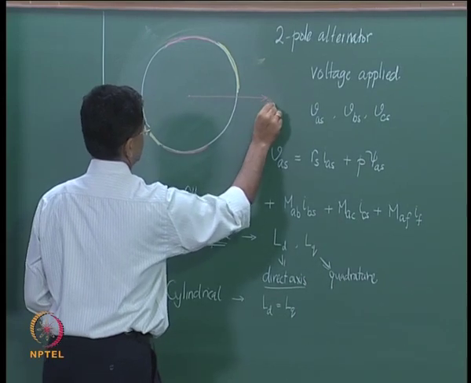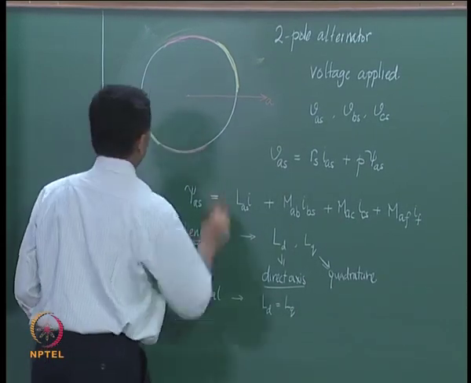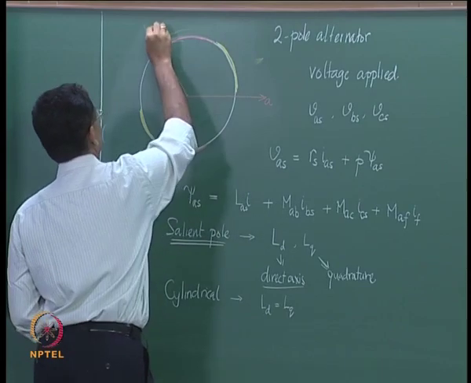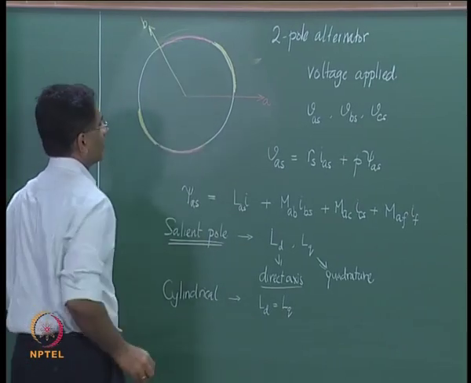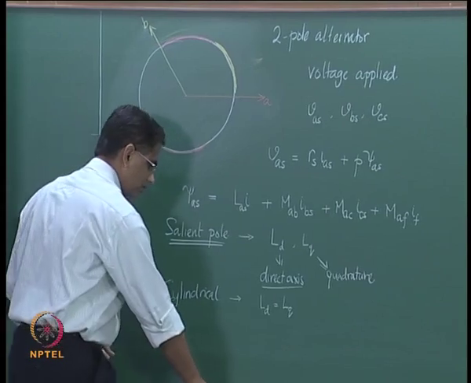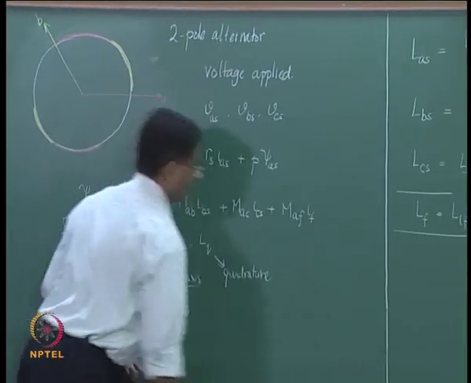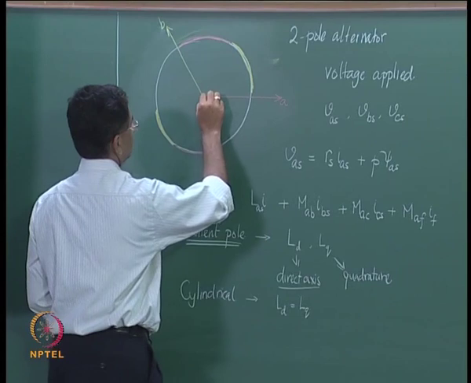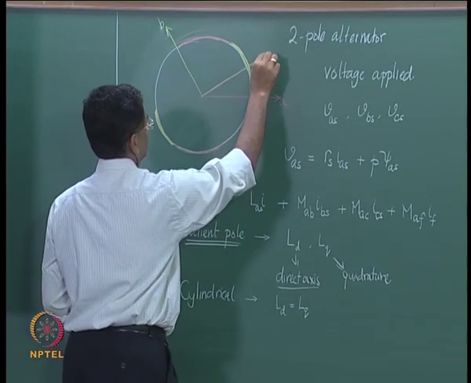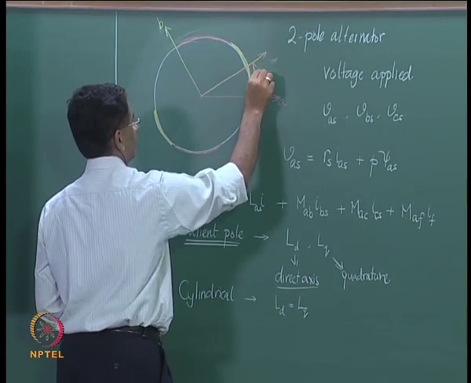This is the A phase axis and this is then the B phase axis. The rotor is situated at an angle, that is then your rotor angle.